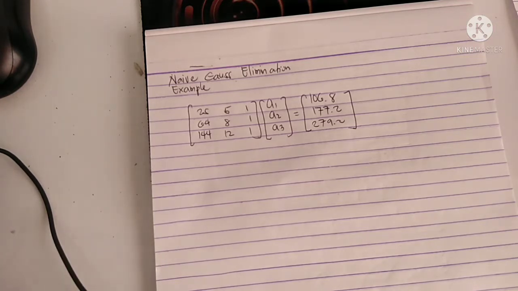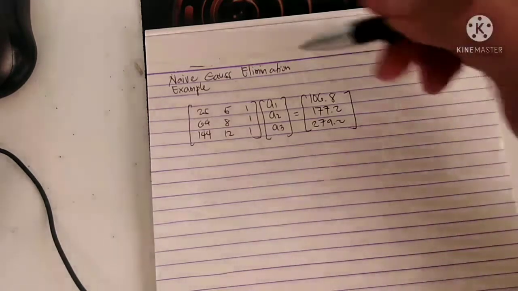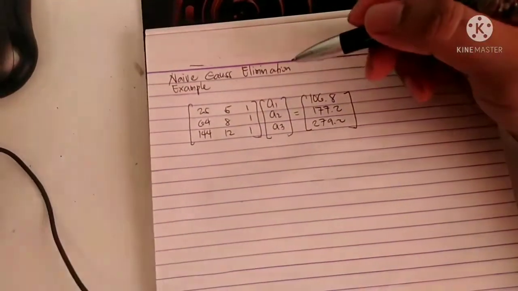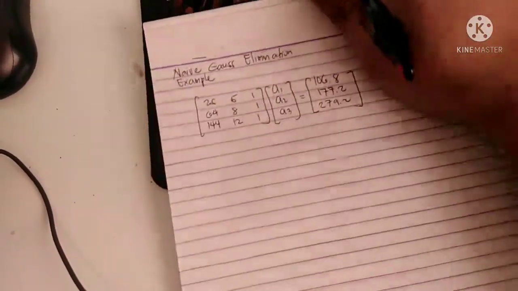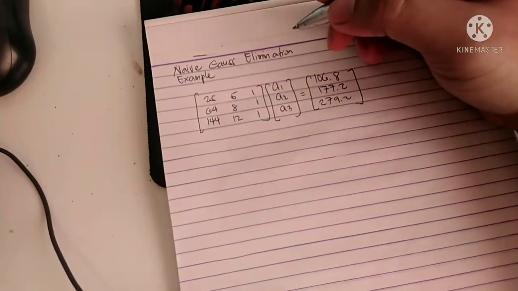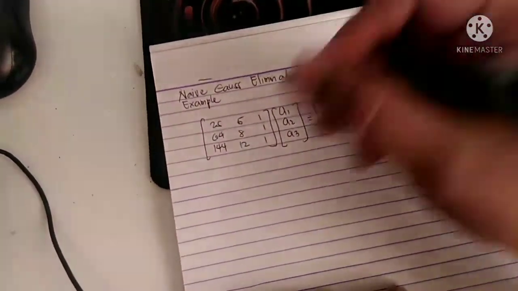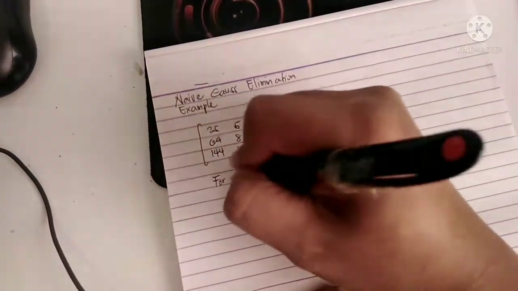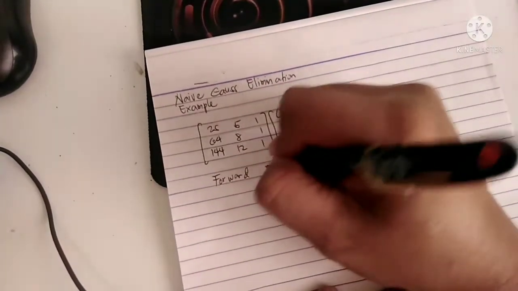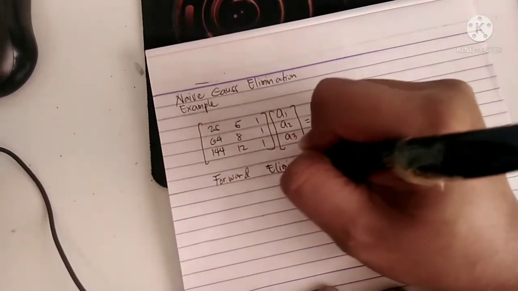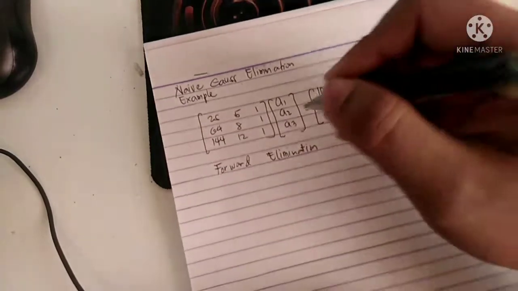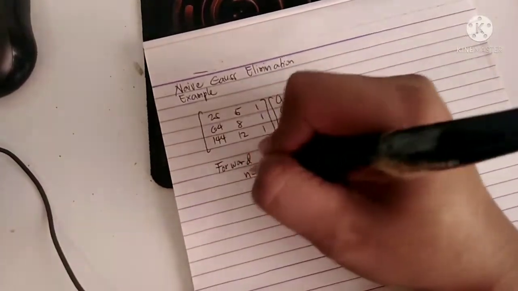In forward elimination, if it has 3 equations and 3 unknowns, we need n minus 1 steps, meaning we need 2 steps in order to finish the forward elimination.